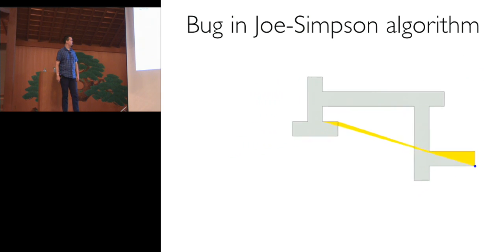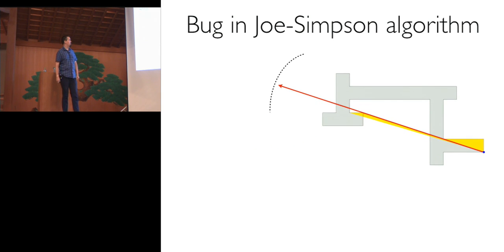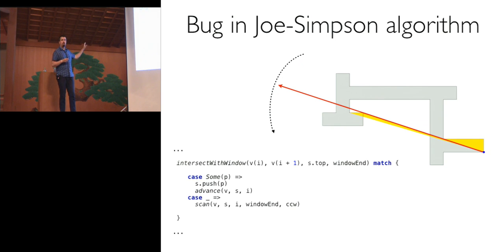I'm not going to go deep into detail on what exactly the bug was. Let me just tell you that this Joe-Simpson algorithm is a plane sweeping algorithm which casts rays from the guard and checks the intersections of this ray with different edges and nodes, and depending on whether there are some cavities here. So it actually boils down to a fairly large case analysis of different ways of intersecting this ray with the edges of the polygon.